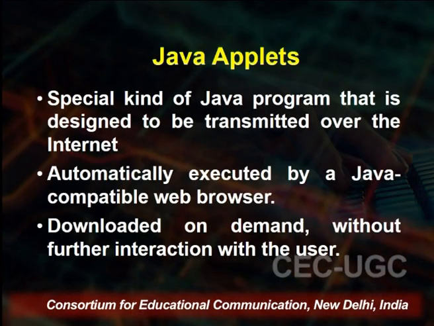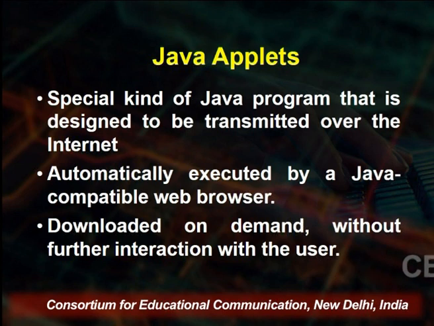Also the major issues which were there on the internet were portability and security. Both these issues were taken care of, or addressed, by Java programming. Now coming to Java applets, these are a special kind of Java programs designed to be transmitted over the internet.